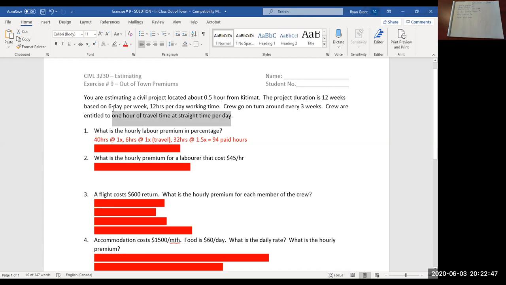All I did there was take the first 40 hours of straight time. The calculated total of 72 hours minus the straight time hours leaves you with the time and a half hours. So we add all those up: 40 plus 6 plus 32 times 1.5 is 94 paid hours.